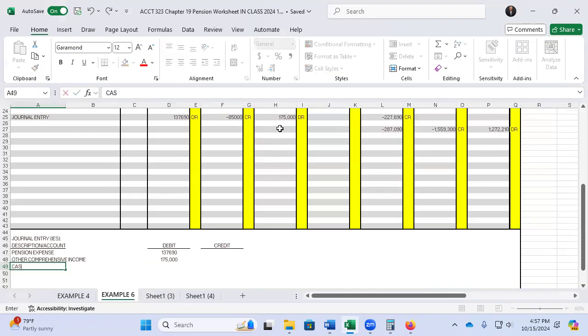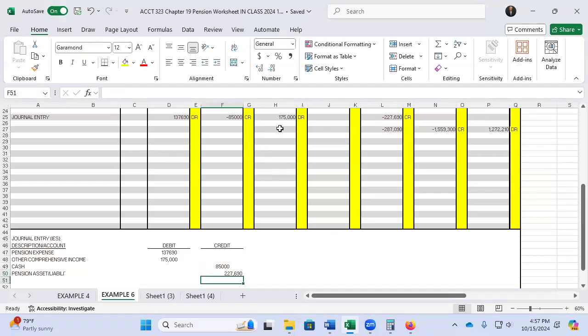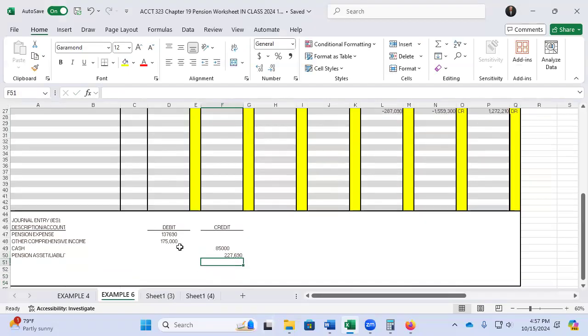We have to record the cash contributions. And then we have to record the pension asset slash liability. And that equals the 227,690. Now just a quick check to see, make sure we balance: 312,690 and 312,690.